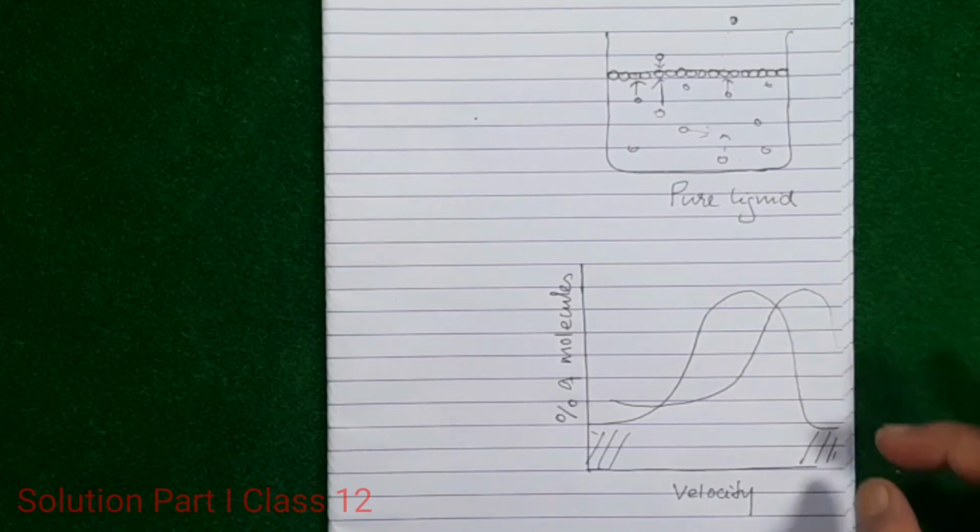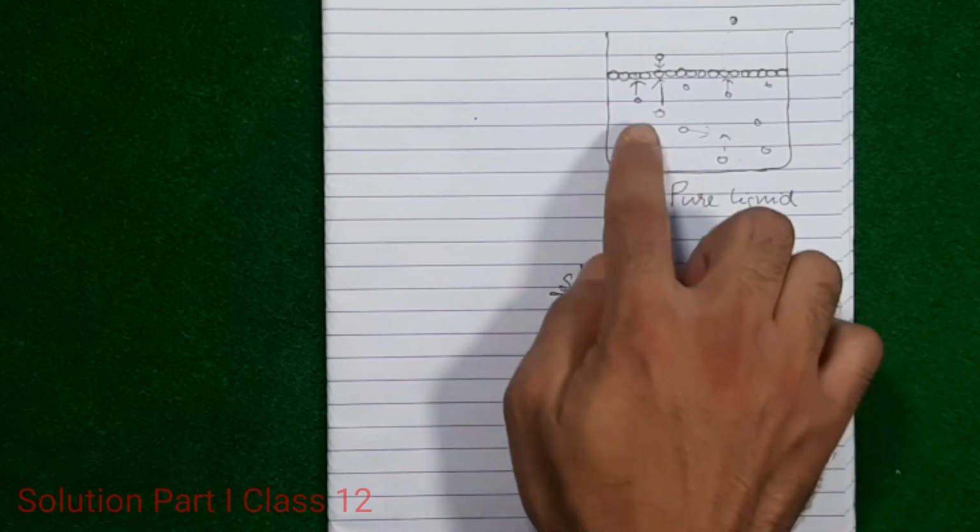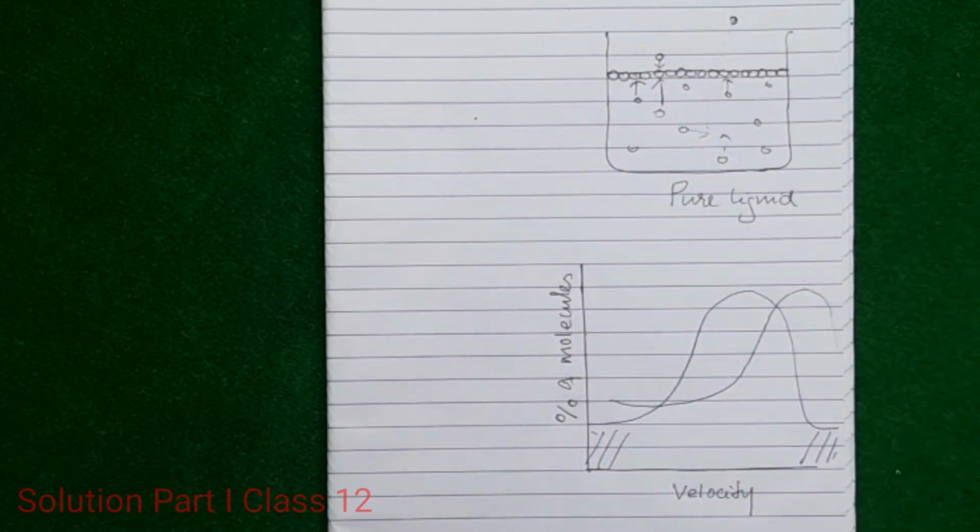That means a large number of molecules at high temperature acquire higher velocity, and because of that many of them can hit the surface molecule so hard that it can cause evaporation. In that way the rate and extent of evaporation increases with the rise in temperature. Liquids evaporate more at high temperature.